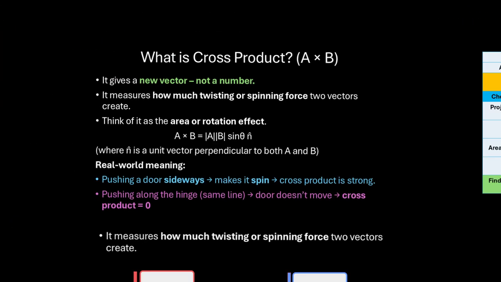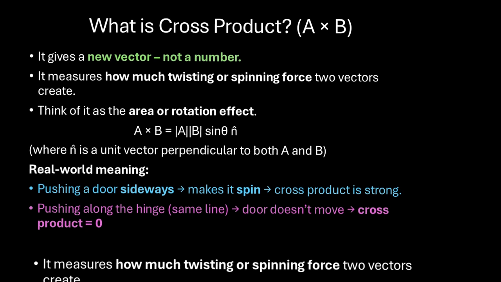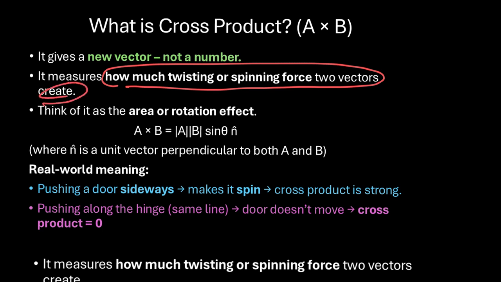Now, what is a cross product? Cross product: how much twisting or spinning force do two vectors create? And this is a new vector, not a number, unlike a scalar, which is a number.